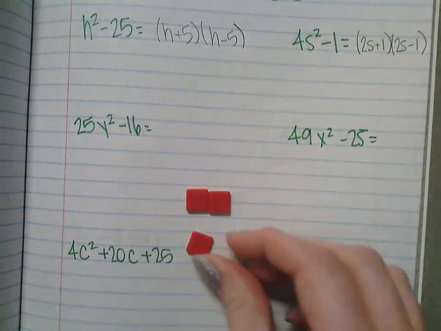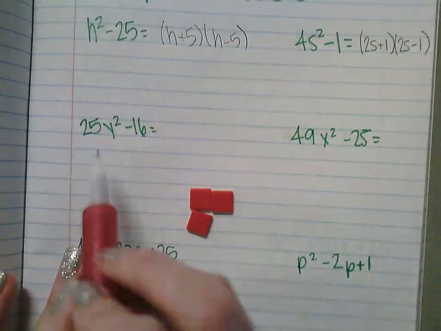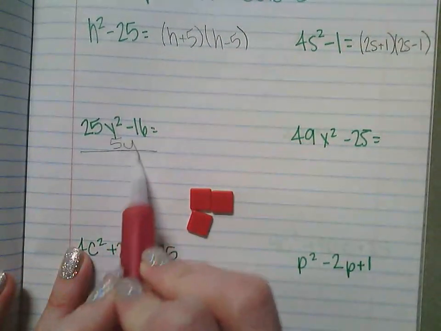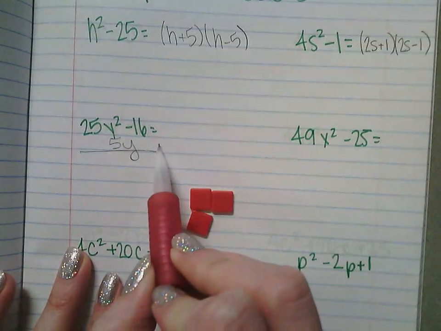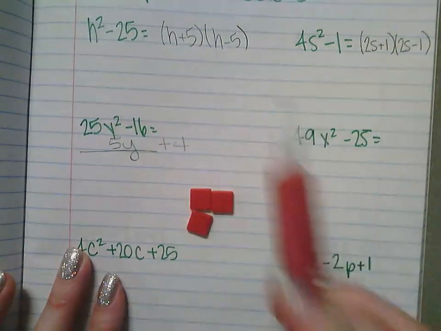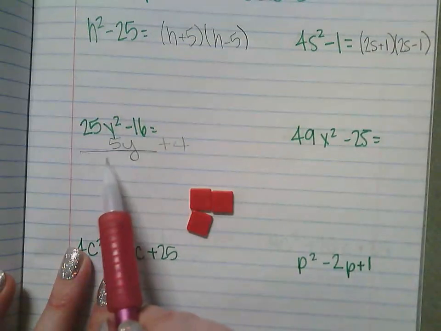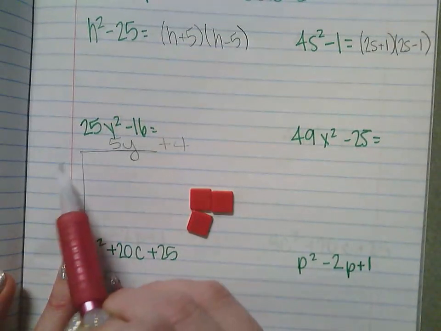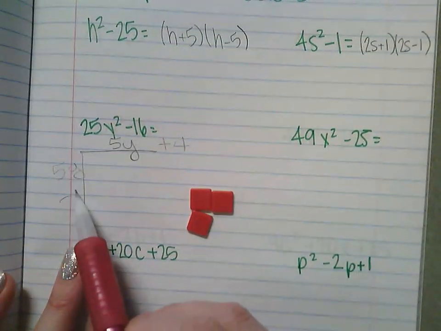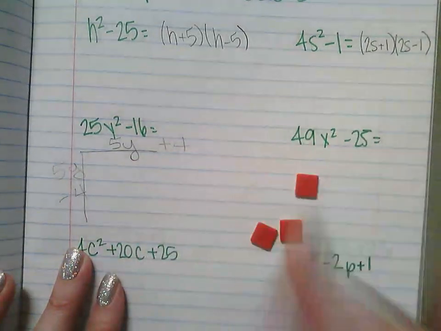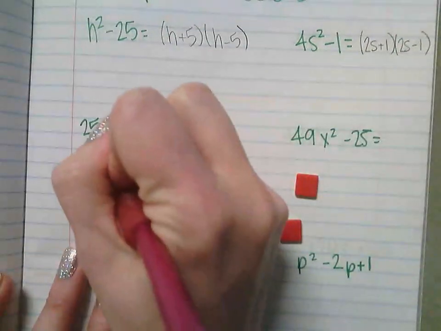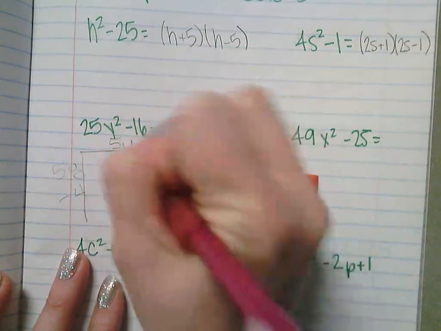So we're just pretending there would have to be 5, and then there would be 4. And if you'll notice, every time it's been a plus and a minus. So this is going to be 5y plus 4 and then 5y minus 4. Okay? So I'm going to write it out better, but that's what it would look like.